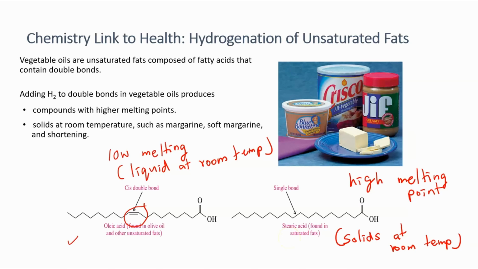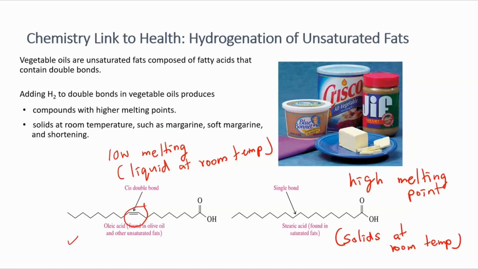Now let's look at the health effects of this conversion. If you consume margarine on a daily basis, what can happen? These solid fats can deposit in blood vessels, and as a result, it can lead to an atherosclerosis condition, which can cause some heart problems, right?